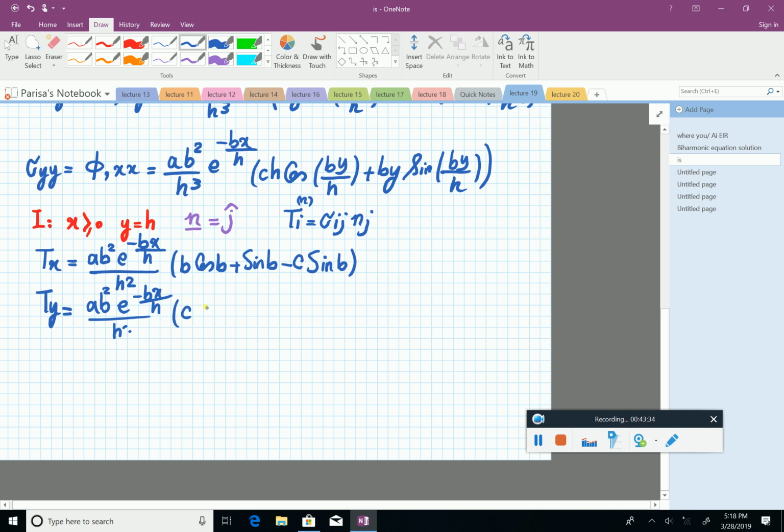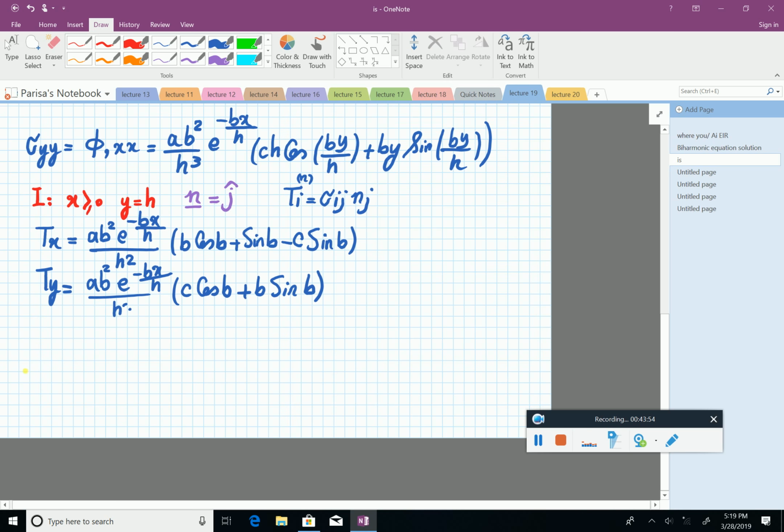So C, and I don't think I wrote it down, but this A and B and C, they are constants. And very similarly for number 2, for the second boundary, which is the bottom.